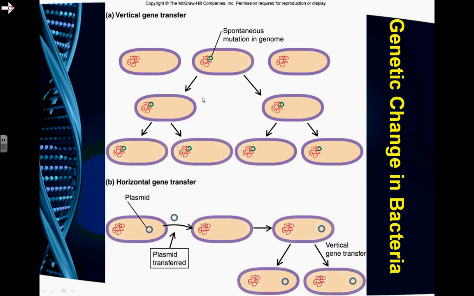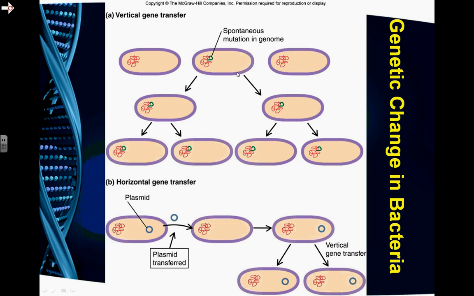And then you will find it passed down into its progeny. You see the little green mutation here. You see the little green mutation there. And then when those cells divide, again through binary fission, you also see the little green mutation in the progeny of that cell.